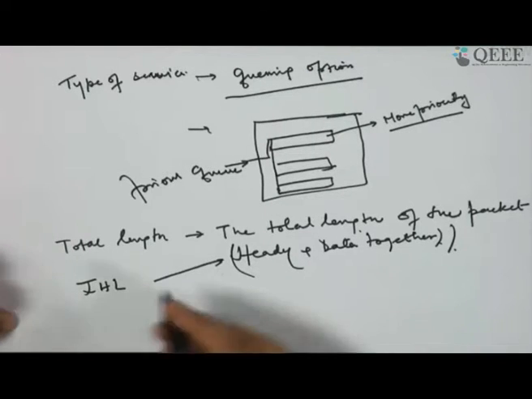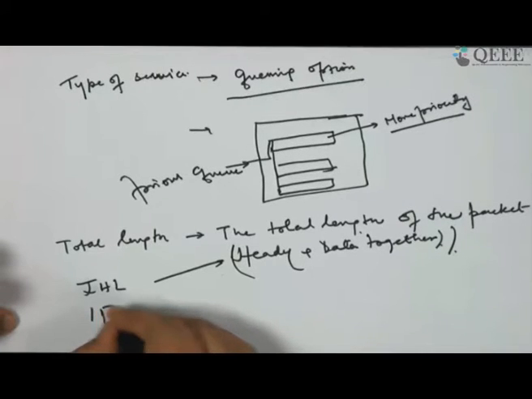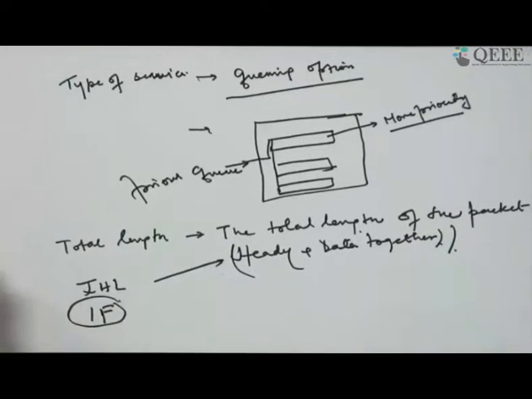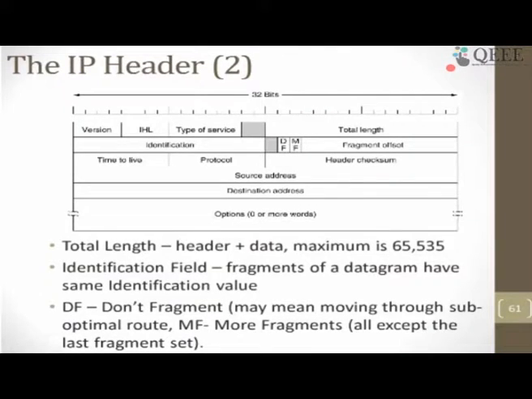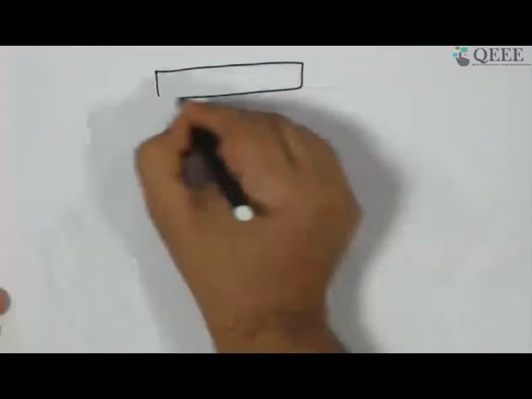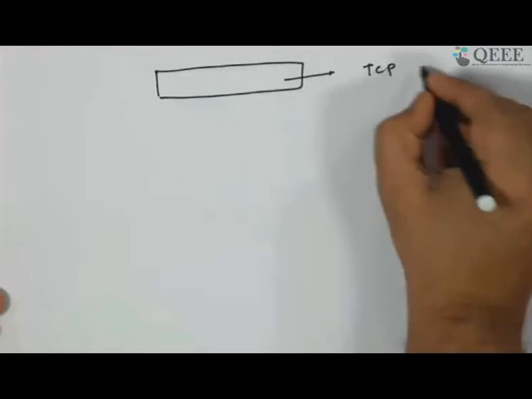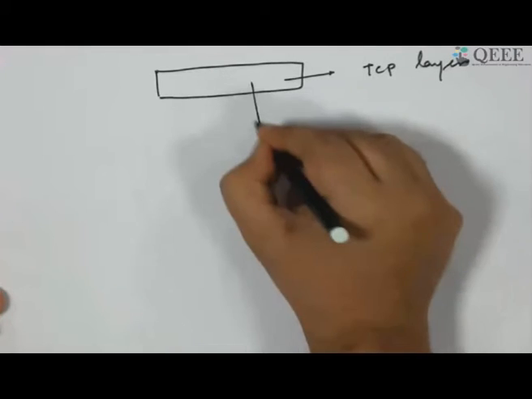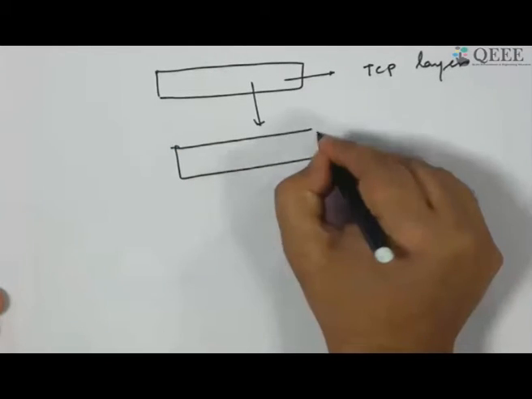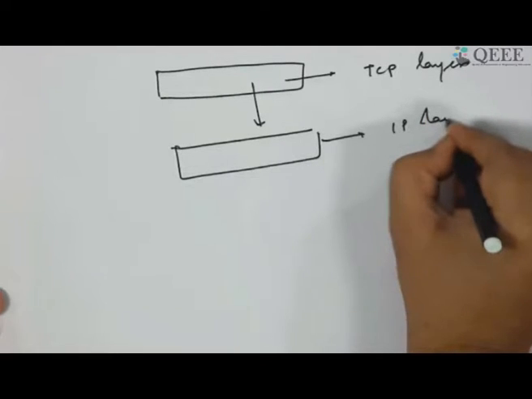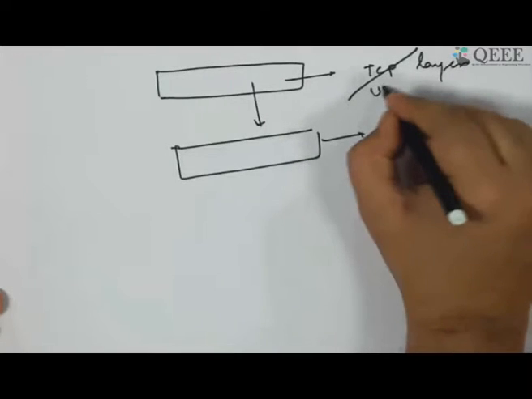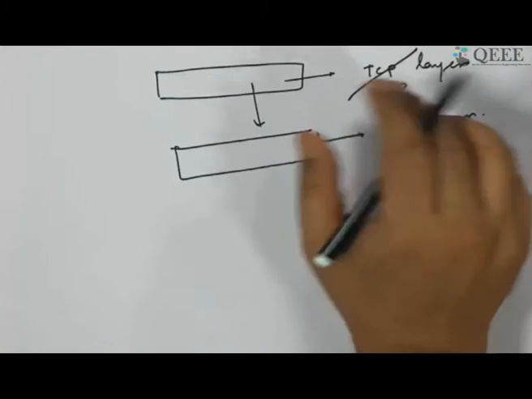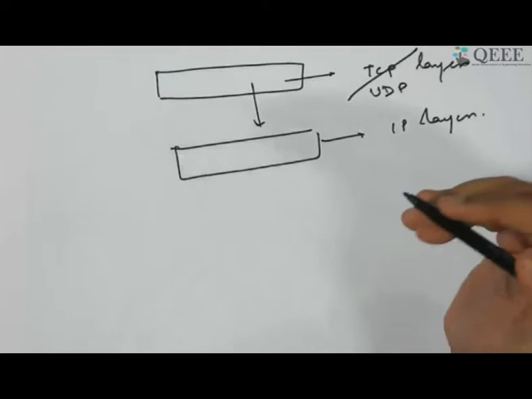Next is the identification field. Let me explain a bit about the IP layer and the TCP layer. Let's say a packet is coming from the TCP layer to the IP layer.